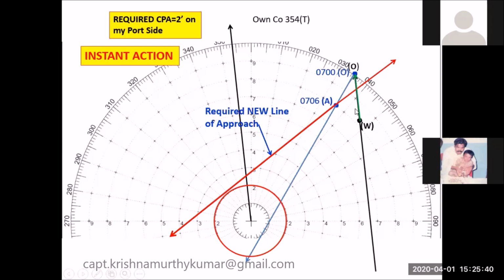This is your course and speed for 6 minutes. You're not changing your speed. Therefore, with the same speed, you draw an arc where it cuts the red line. That is point O dash. You just call it point O dash or anything.